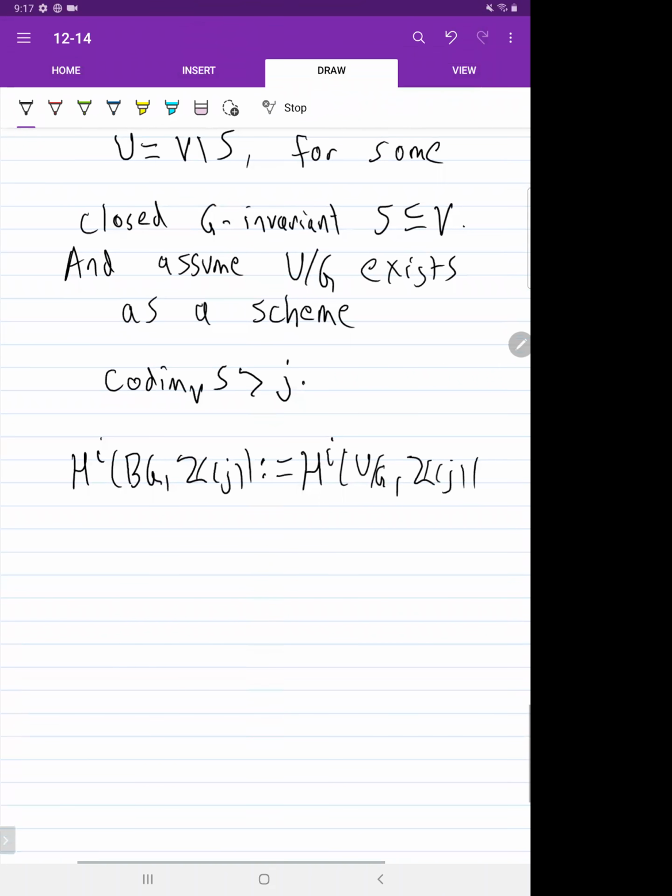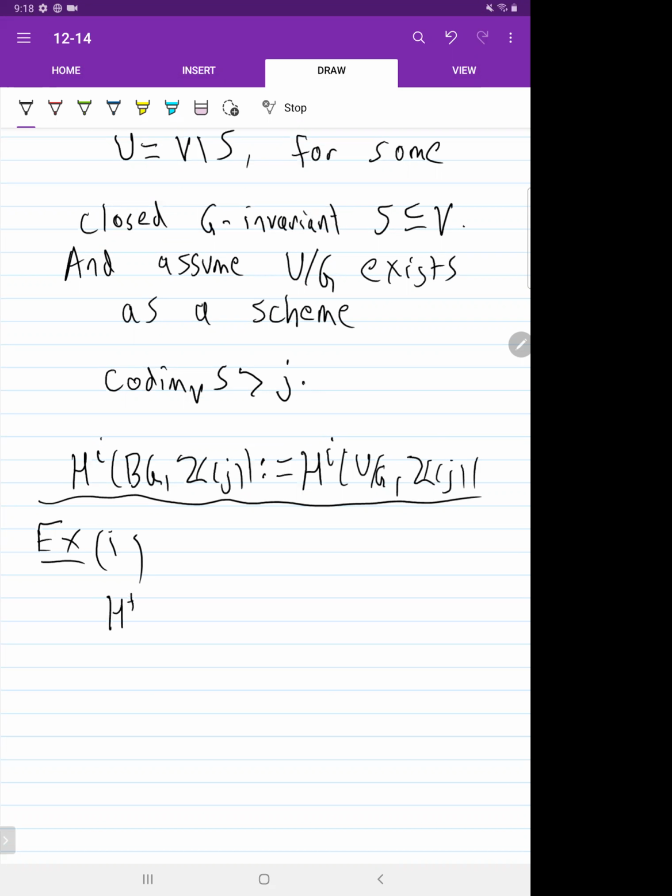So for some examples, the motivic cohomology of BGL_n is just a polynomial ring over the motivic cohomology of the field in the Chern classes.